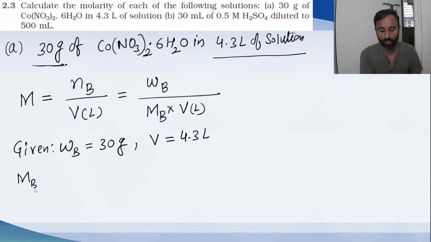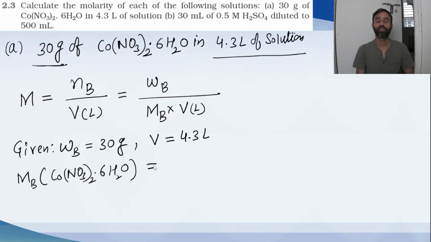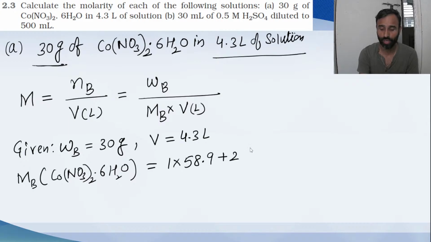Molar mass of cobalt nitrate hexahydrate we have to calculate. The atomic weight of cobalt should be given to you, that is always in the question, but here it is not given. So you should know that it is around 58.9. Atomic weight of cobalt is 58.9. Now 2 into nitrate, NO3 negative.